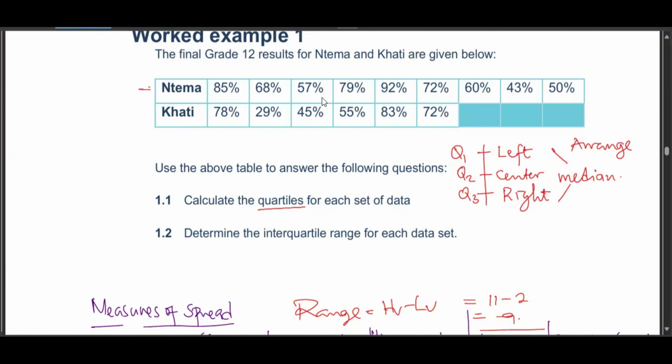So first, we need to arrange this. Which one here is the smallest value? We have 43, so this one takes place number 1.